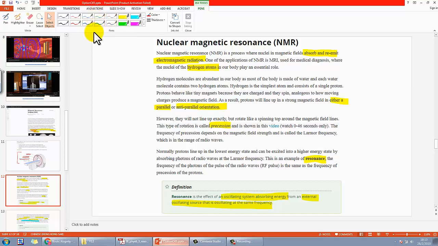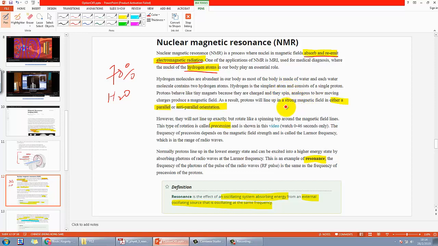And this is the basic mechanism of nuclear magnetic resonance, like what you could find in the video as well. It is about absorbing and re-emitting electromagnetic radiation, which is actually the radio wave. Because our body contains about 70% water, and inside there are hydrogen atoms, we take advantage of that.